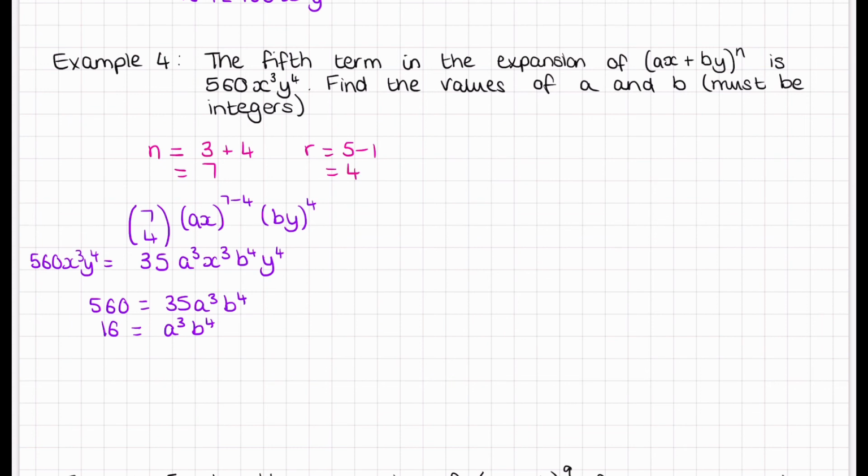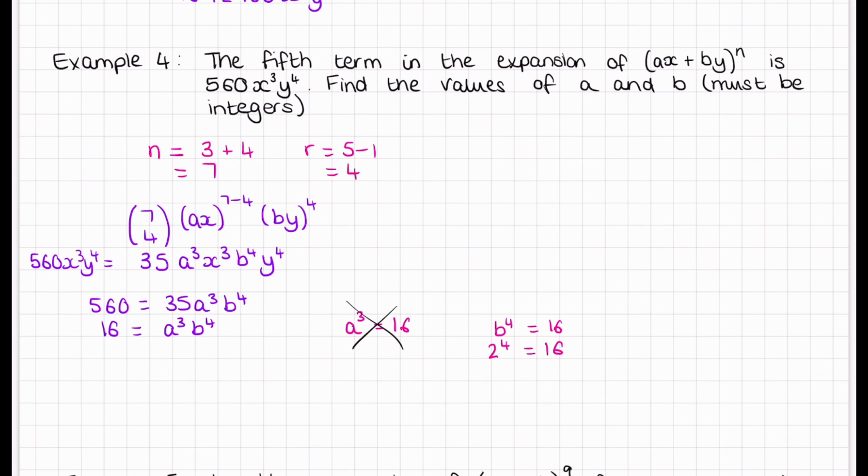If we've got 16, a cubed, we can't cube a number and get 16 as an answer. It doesn't work. But we can do a number to the power of 4 and get 16. Think about it, a cubed equals 16 doesn't work. But b to the power of 4 equals 16 does work, because 2 to the power of 4 equals 16.